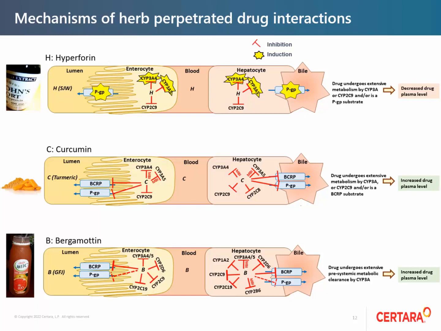With curcumin, found in turmeric but also available as supplements themselves, they were known to have a mechanism-based inhibition of CYP3A enzymes, as you can see here, and also inhibition of efflux transporters like BCRP and P-gp.